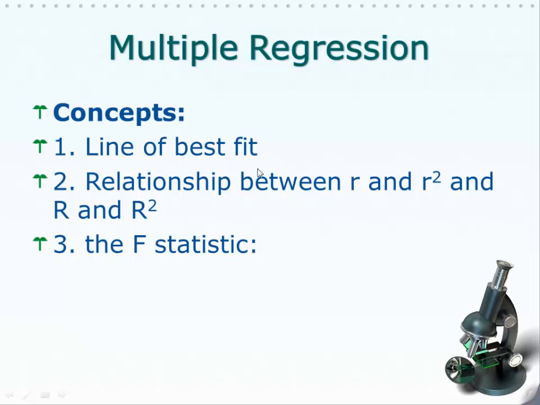The line of best fit, the relationship between R and R squared, and capital R and capital R squared, and that has to do with the relationship between correlation coefficient and these multiple regression correlation coefficients that we'll talk about, and then the F statistic and what that means in multiple regression.